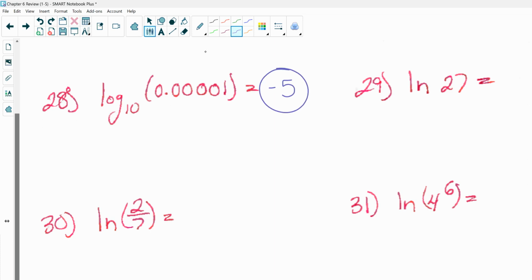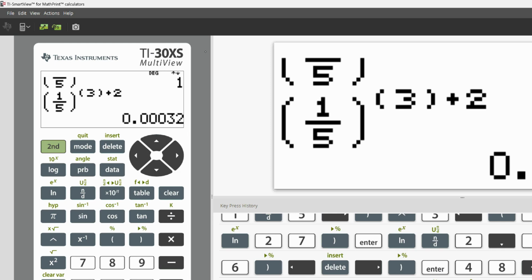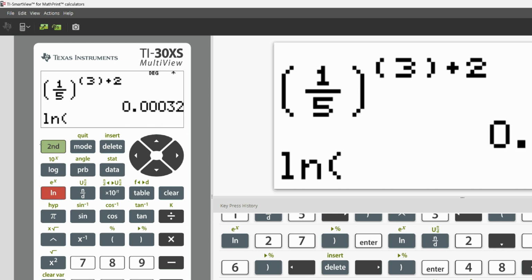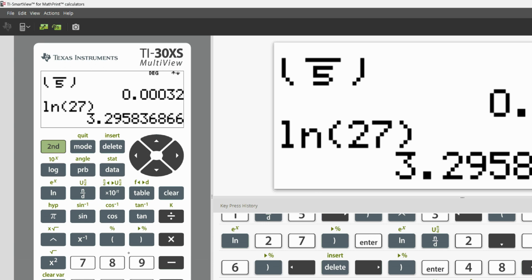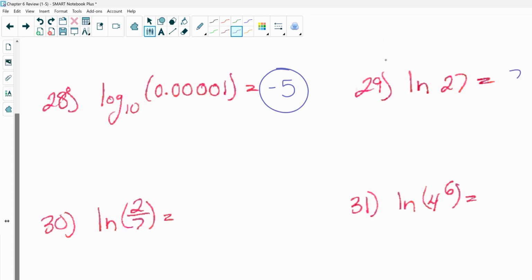29, 30, 31. Both calculators have an LN button. 3.296. This one does have more than 3 decimal places, so we'll round it to the nearest 3rd decimal place.